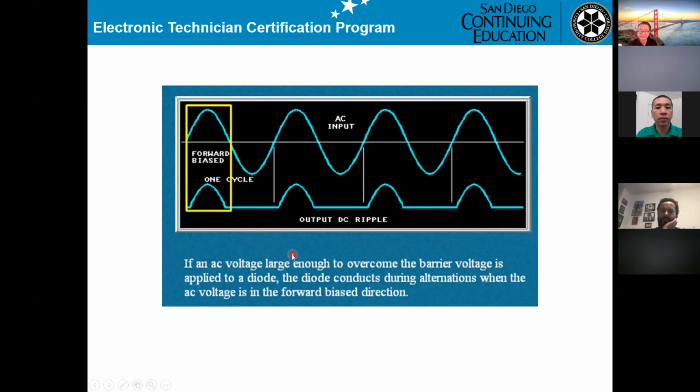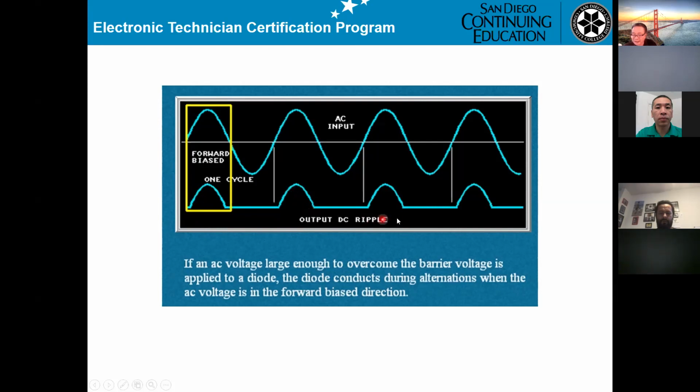Rectify means converting AC to DC. So this is AC, and this output will be DC, but not completely DC. It's called pulsating DC. DC means direct current, current flowing only one way. So when the input is positive, the current goes from left to right, for example, and at zero there is no current.